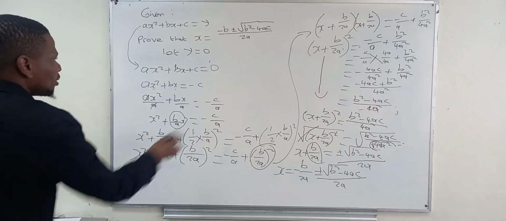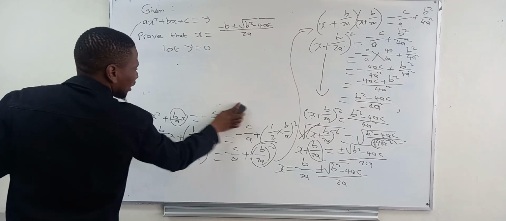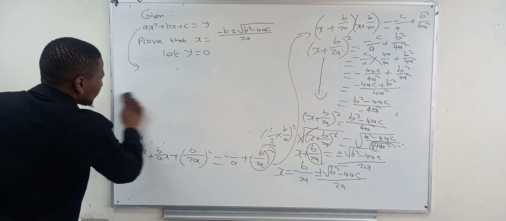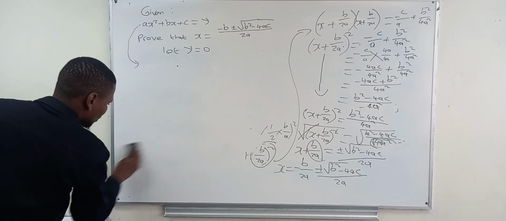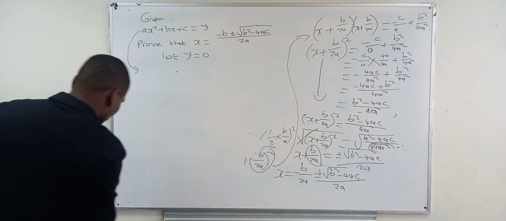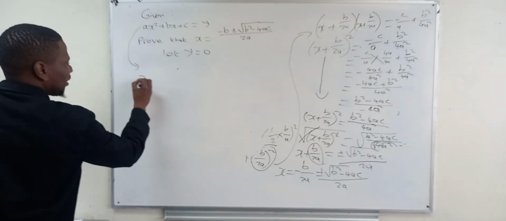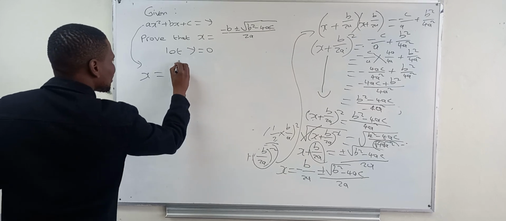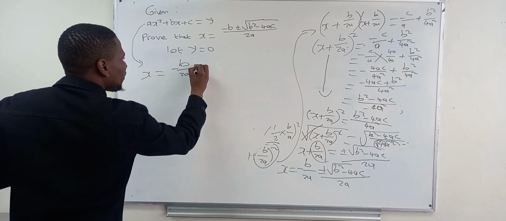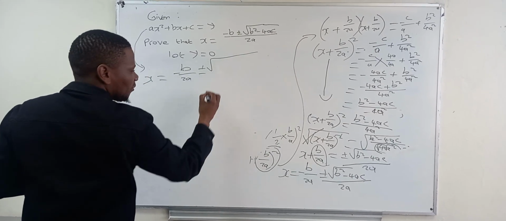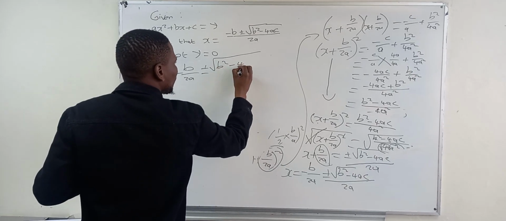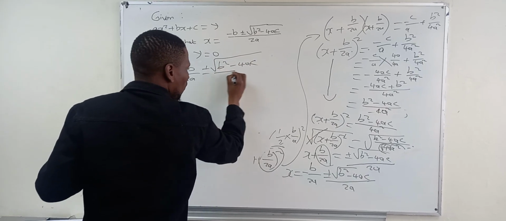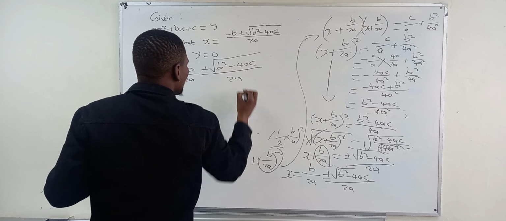So since we have done this one, I will erase here. So we have x equals to minus b over 2a plus or minus the square root of b squared minus 4ac over 2a.